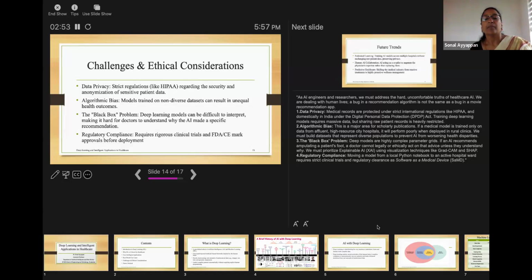So, we must actually prioritize explainable AI. Why should we do that? A black box, as we all know, is usually used in aeroplanes. It comes into existence only when the airplane goes into a faulty state, whether it crashes or something like that.